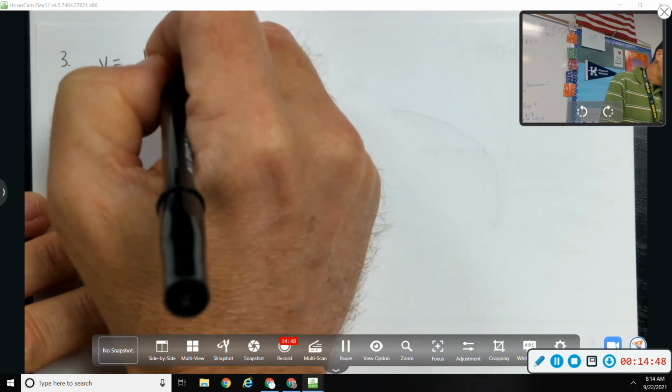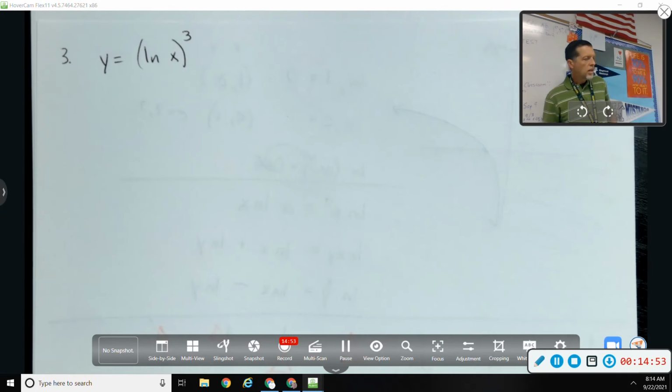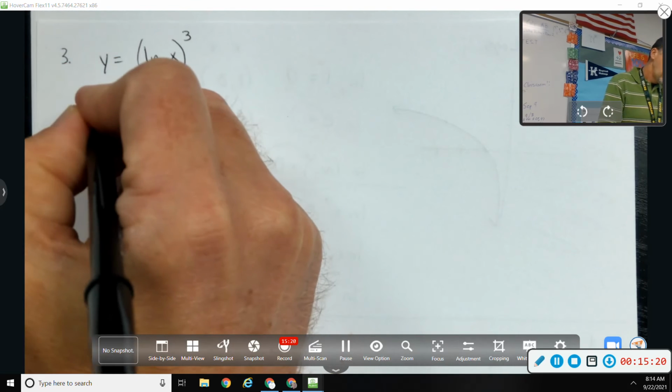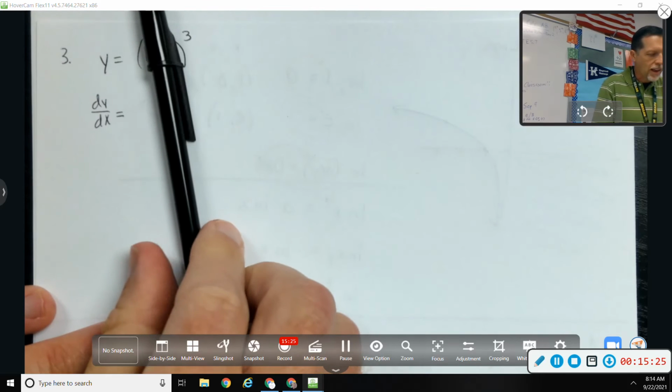Y equals natural log of x cubed. So we've sort of stepped out of simple log problems, and now we've added some extra stuff. So now we got to use some of our other rules, our Tootsie Roll Pop rules, our Blow Pop rule here. What's the outermost layer here? The cube thing. So how do I handle, forget about the inside, how do I handle the cube thing?